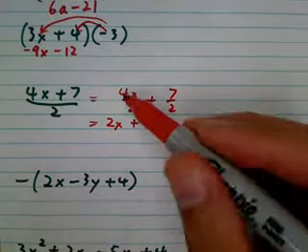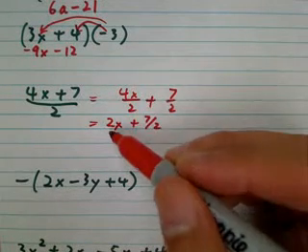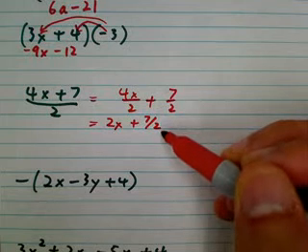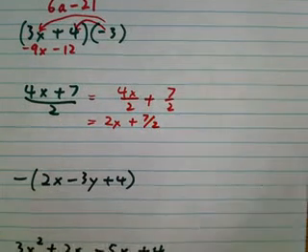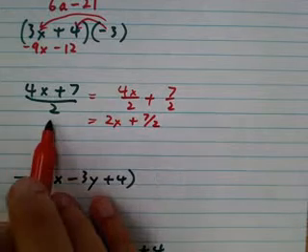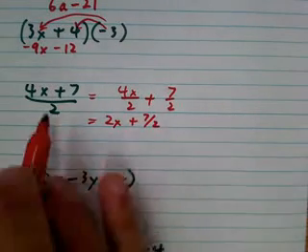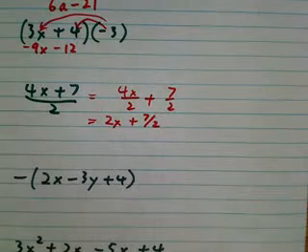The 4 over 2 reduced: 4 divided by 2 is just 2, and 7 over 2 didn't reduce, so I left it alone right there. So if you have a division problem, you can go ahead and distribute that as well. Distribute it as division. The multiplication we distribute as multiplication, the division we distribute as division.